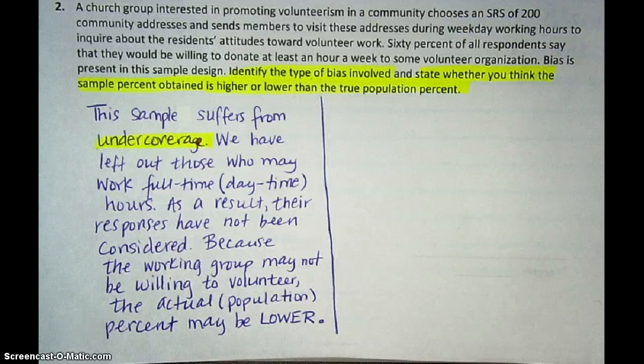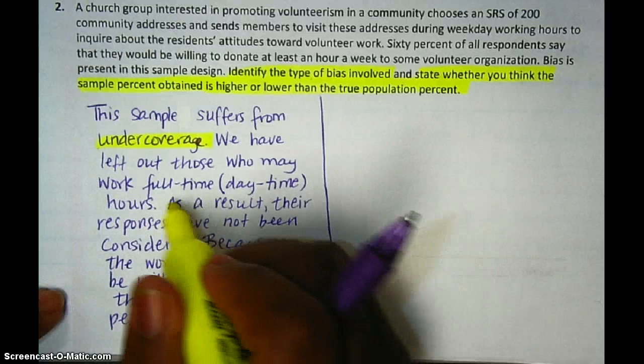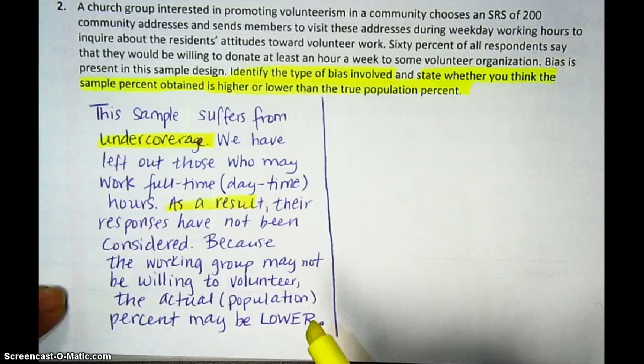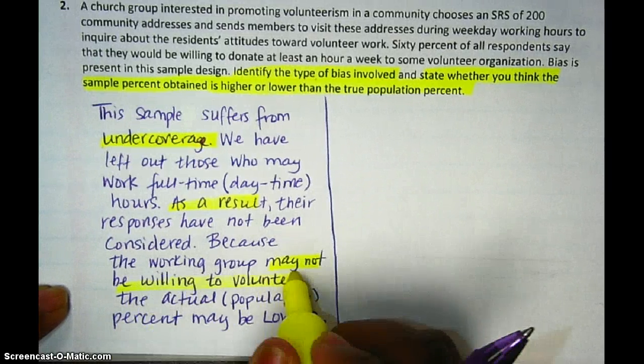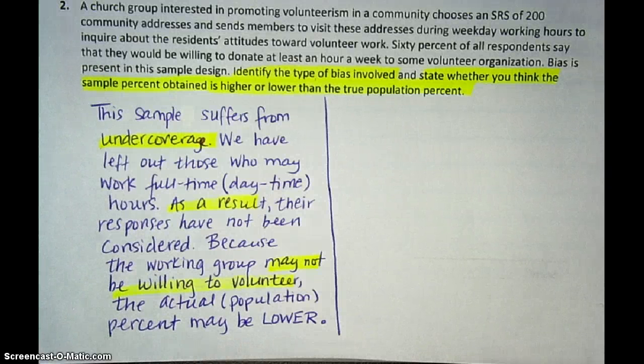So because of undercoverage, we've left out those who work full-time hours. The connection: as a result, their responses have not been considered and they may not be willing to volunteer. So we perhaps would have had more people to say no, bringing that 60% down. So the actual population percent may be lower, which means the sample percent may be higher.